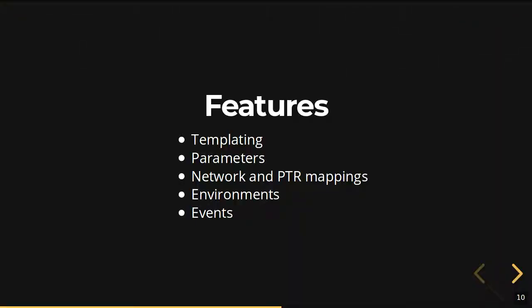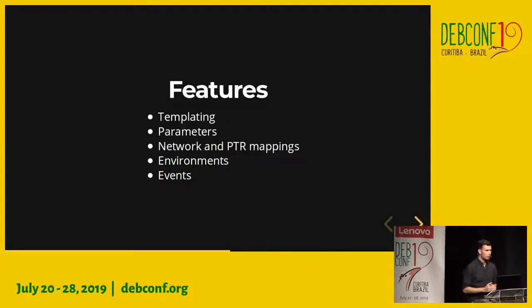So let's go back to the presentation. The other features are the parameters that I showed you in the web frontend and also in the mappings, the networks and PTR mappings. We also support environments. This is a similar concept to Puppet environments: you have a common base of configurations, and then you can have something particular for staging, something particular for prod.